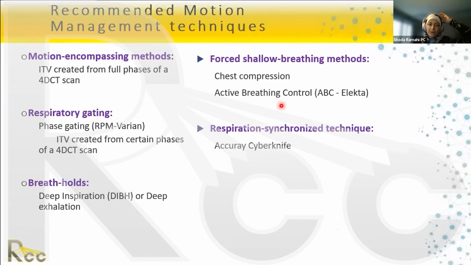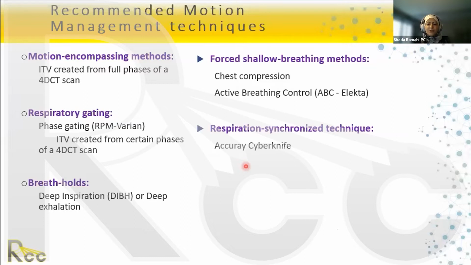And then we have what we call forced shallow breathing. There are 2 methods: chest compression, which is kind of a passive way of forcing the patient to have shallow breaths, or there is a solution by one of the vendors called the ABC, active breathing control. The last one is very involved, and this is where your radiation treatment is synchronized with the breathing motion.